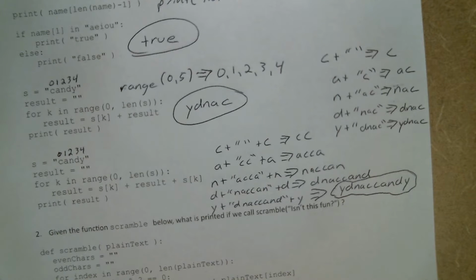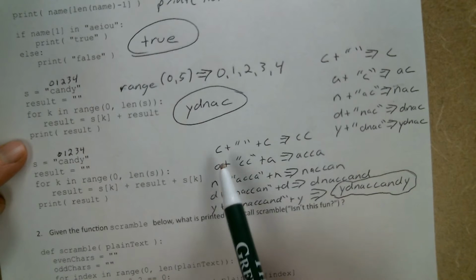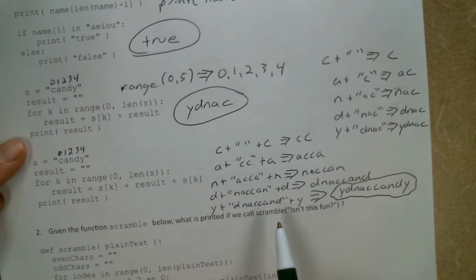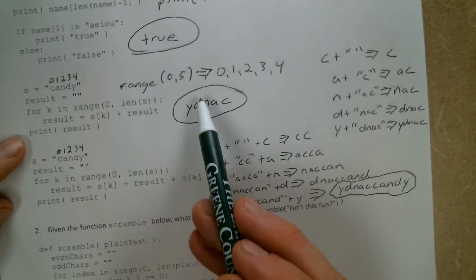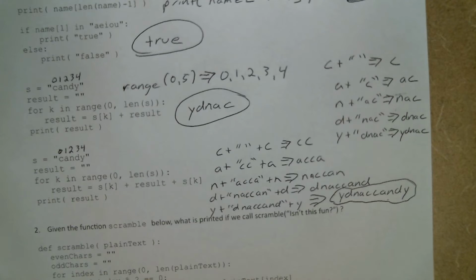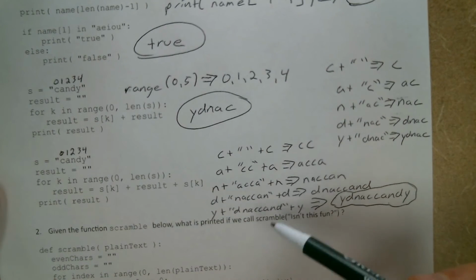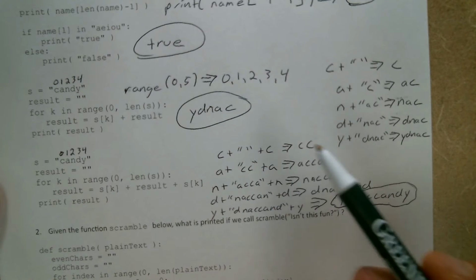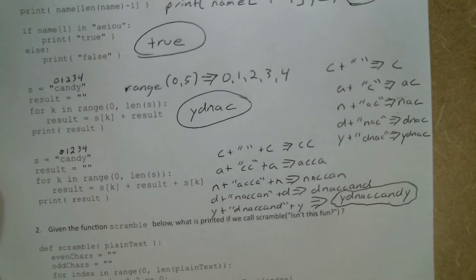Notice though, it's only going to print out once. I'm showing you the steps so that you can see how it progresses, but it only actually prints out once because the print is outside of the loop. So this is just the work to show you how it's being built. This is the only phrase that actually gets printed out for these two loop problems.